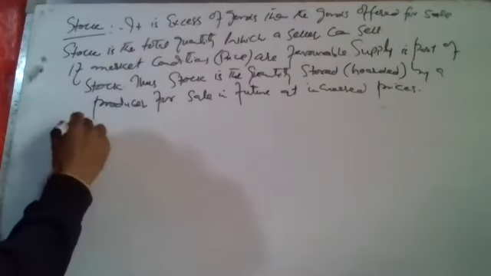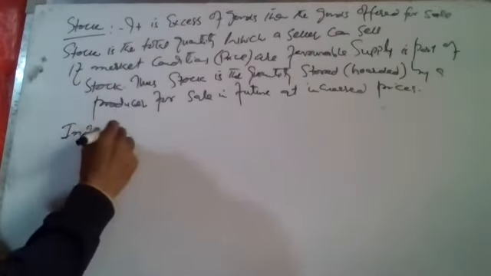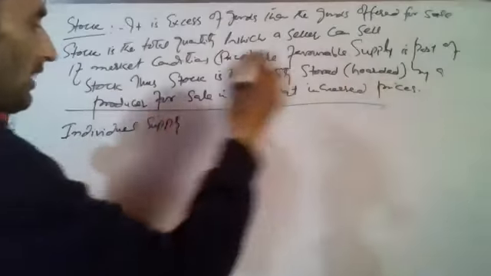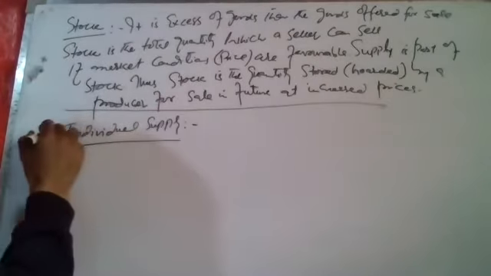So next is individual supply. We have two concepts here, individual supply and market supply. What is individual supply and what is market supply?